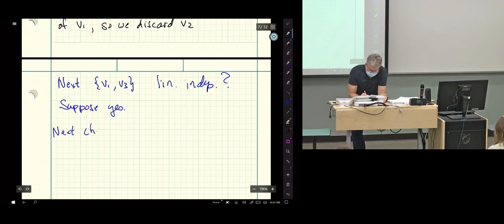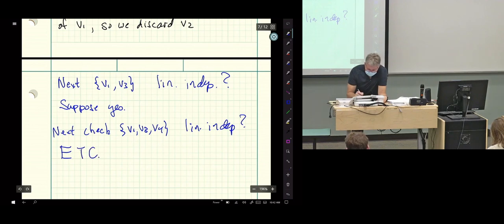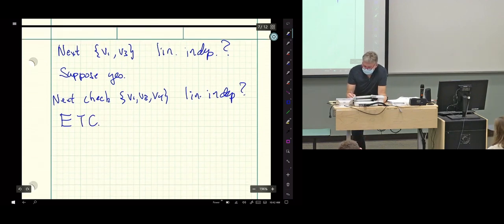Next, you do v1, v3, v4 linearly independent, and I'll write etc. Okay, so it's totally doable.